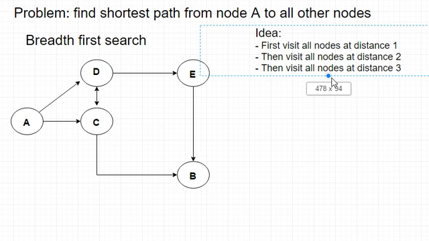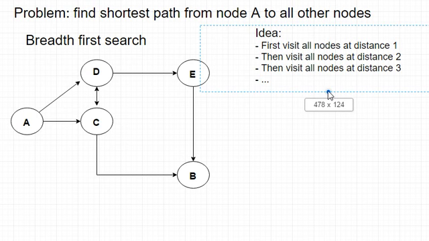And you can imagine if the graph was larger, then it would go on the same way until you eventually have discovered the shortest path to all nodes.